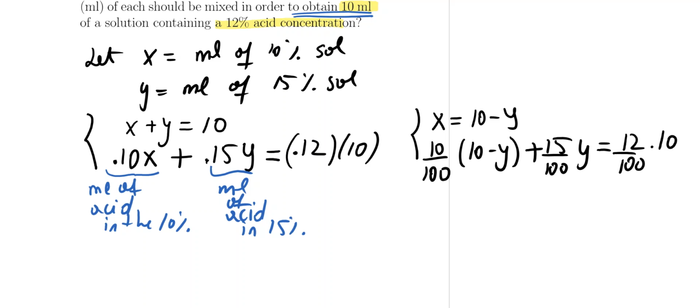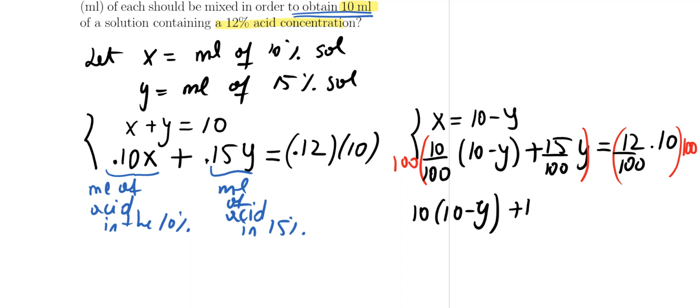I now notice if I multiply both sides by 100, I will get the following. 10 times 10 minus Y plus 15Y equals 120.